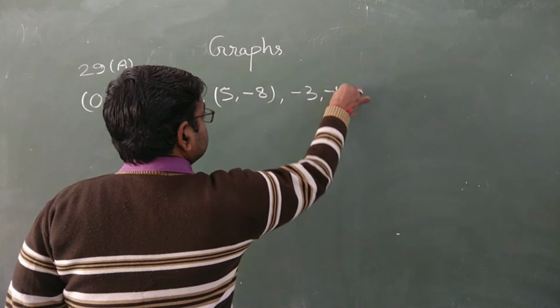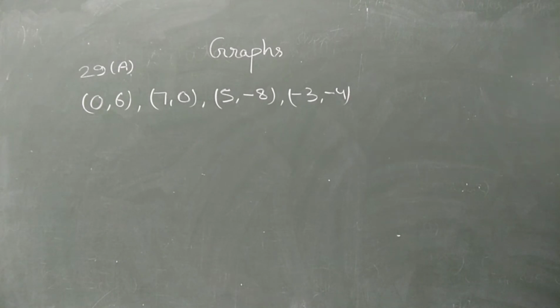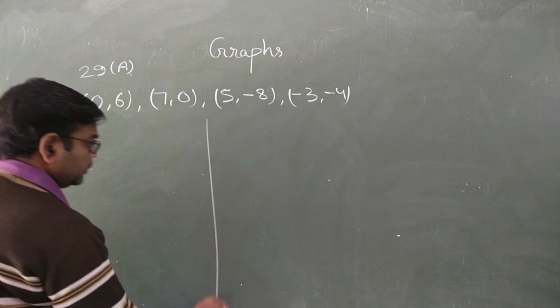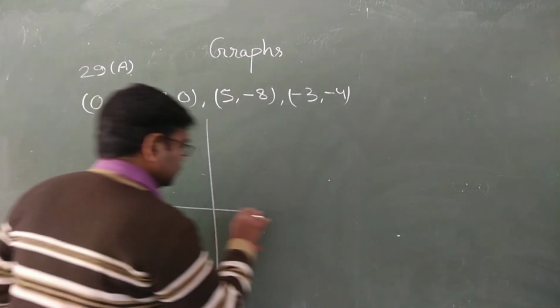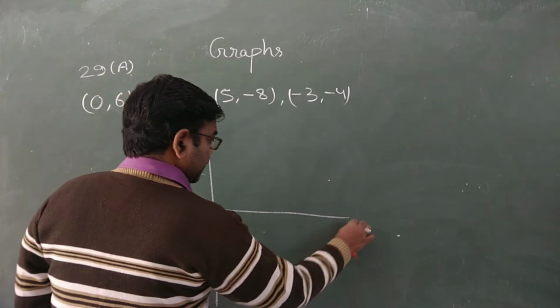The question says to plot these points on graph paper and locate these points on the graph. So first take a graph and draw the axes of reference, and name them X dash, X, Y, O, Y dash.